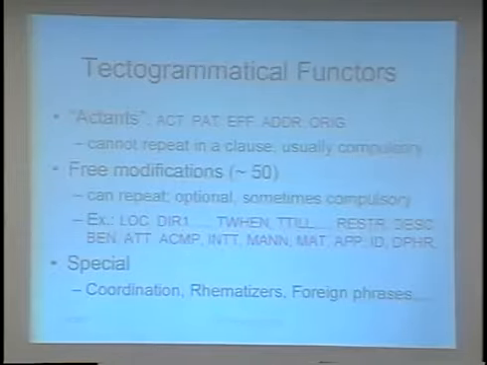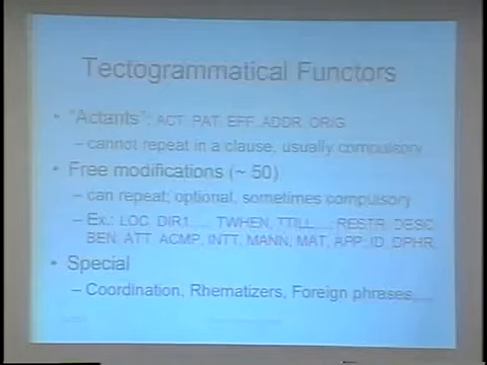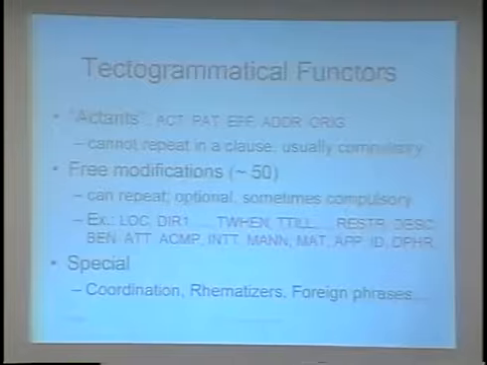And then we have a set of another 50 that are what we call the free modifications. Of course, they sometimes can be compulsory for a given verb, but in most cases they can be used with any verb or any noun freely in the sentence, thus the name free modifications.